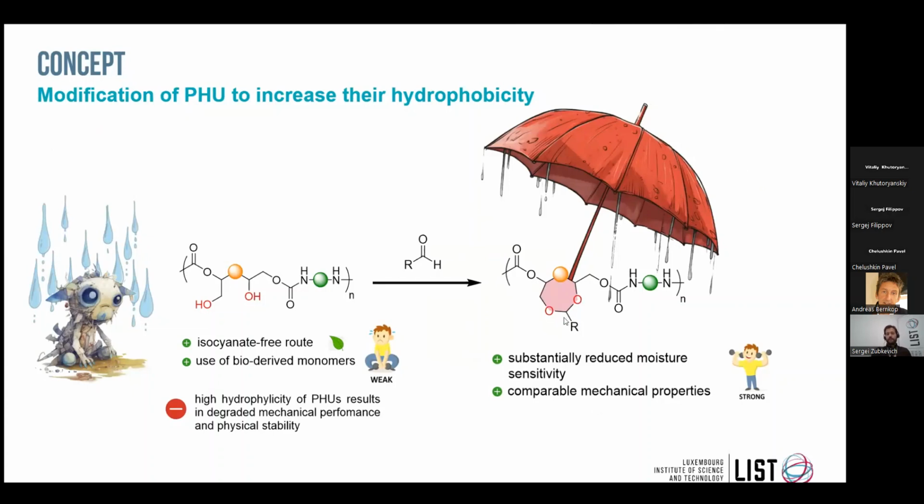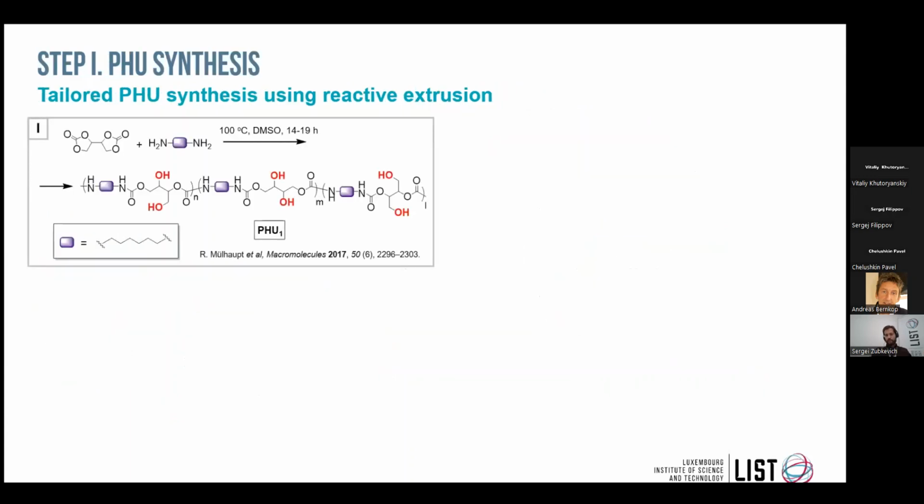That will result in a substantial reduction of moisture sensitivity and increase the mechanical properties of the modified polymers to match unmodified PHUs, polyhydroxyurethanes, in a dry environment, at all humidities, or even conventional polyurethanes.